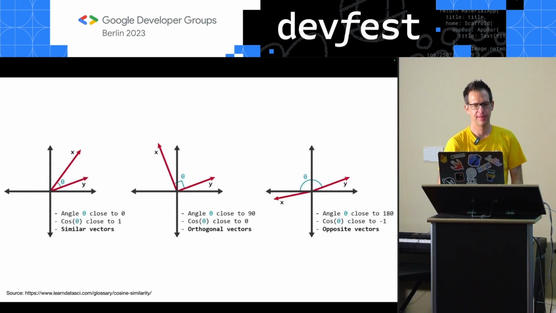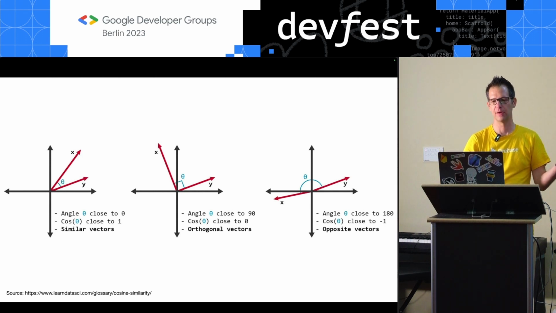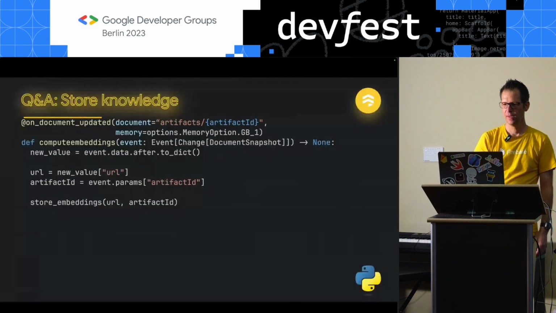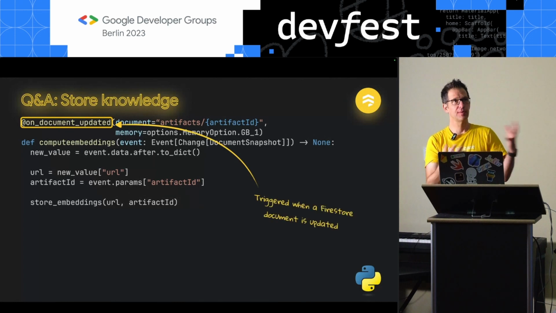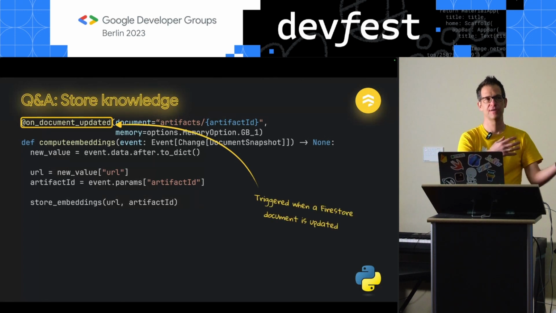The mechanism that we use for doing that is cosine similarity. You use that to compute how similar two vectors are, and that is what we use to tell how words are different or similar.